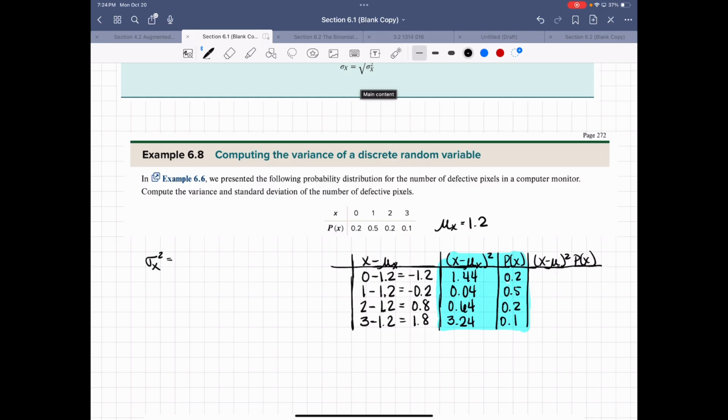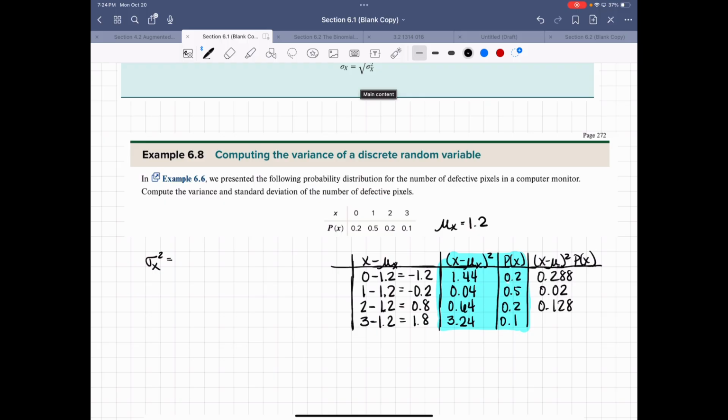So, when I multiply that together, 1.44 times 0.2 gives me 0.288. Okay? 0.04 times 0.5 is 0.02. 0.64 times 0.2 is 0.128.